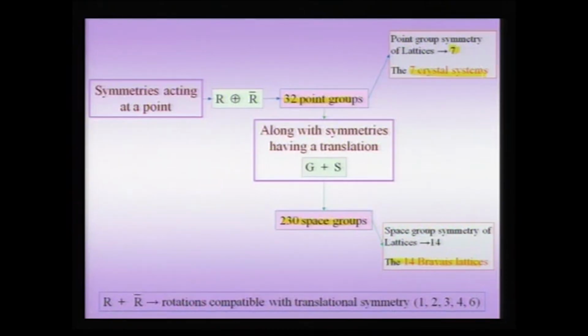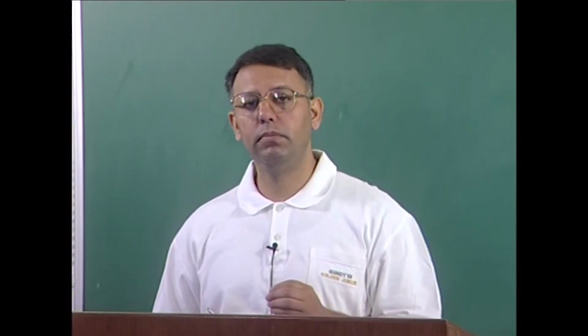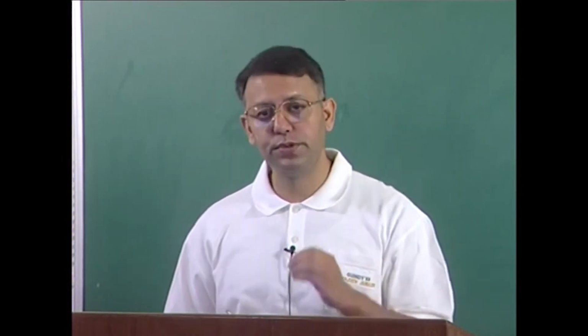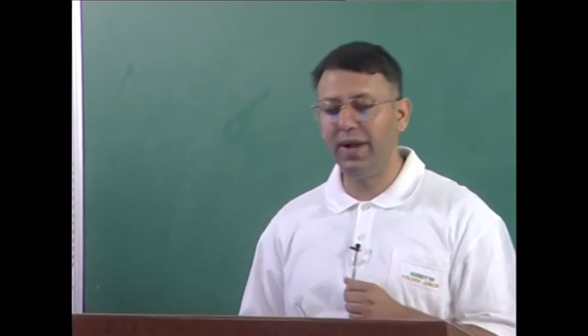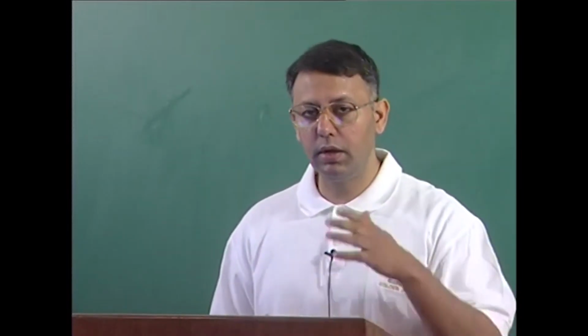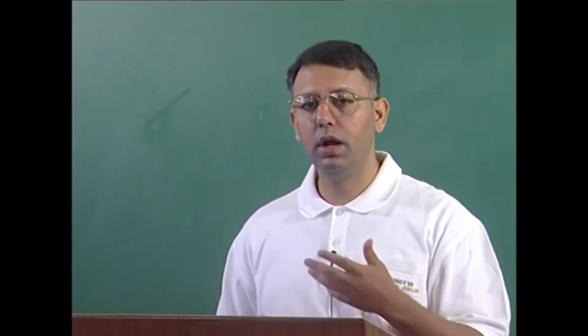Similarly, suppose I am talking about allowed combinations of symmetry operators which involve translation, then I land up with the 230 space groups, and out of those 230, if I am only considering those which are compatible with lattices, then I land up with the number 14, which are known as the 14 Bravais lattices. Of course, one could land up with the 14 Bravais lattices, as we shall see, by purely considering translations.